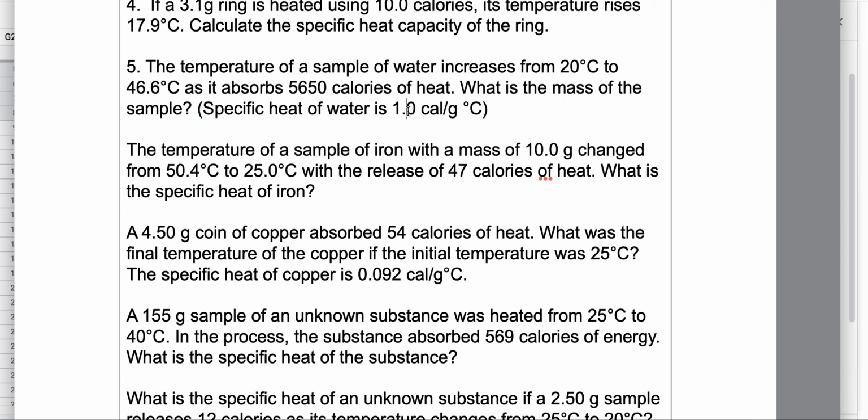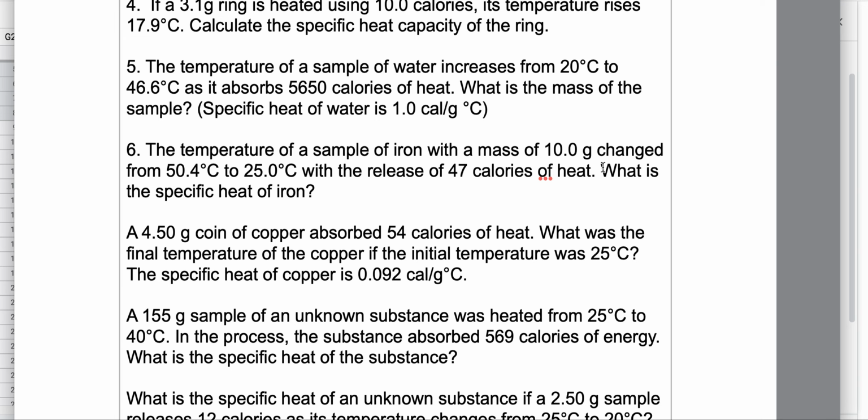It's 1. So you're going to take your heat, that number, 5650, divided by the heat capacity, 1, and then divided by the change in temperature, 46.6 minus 20, whatever that difference is, and get your answer. Okay? Let's go to number 6.